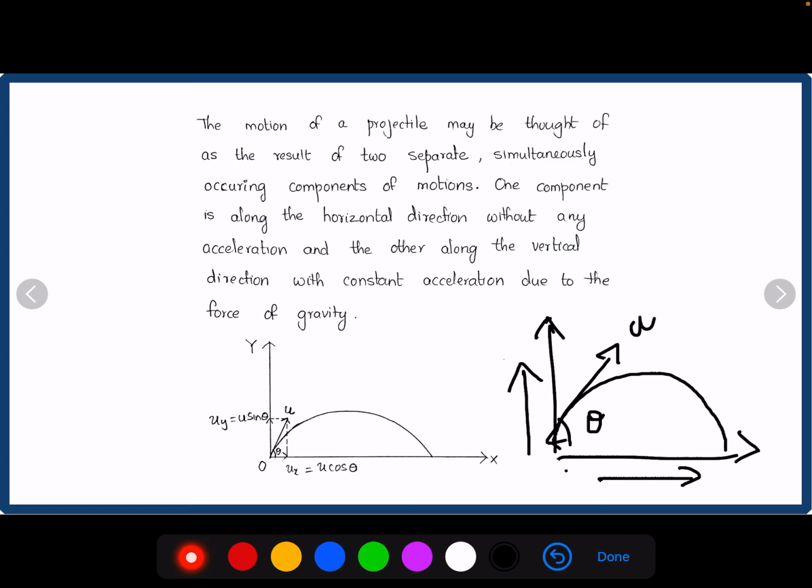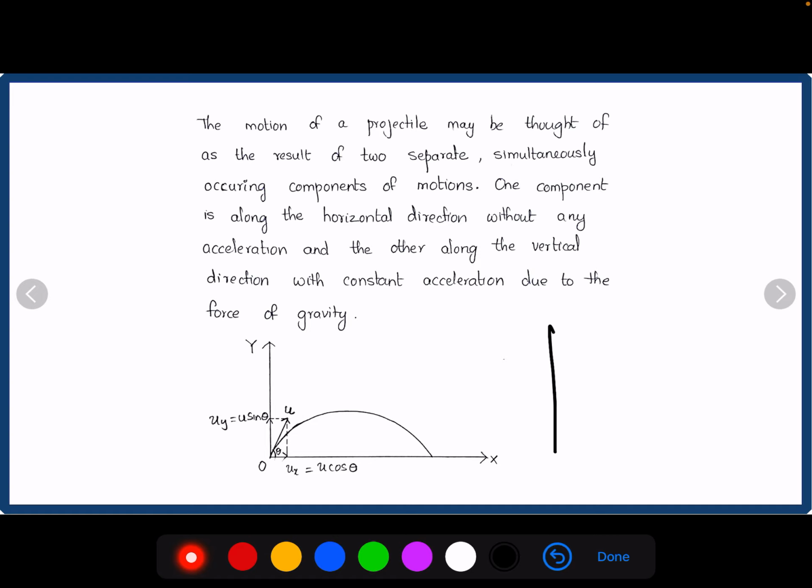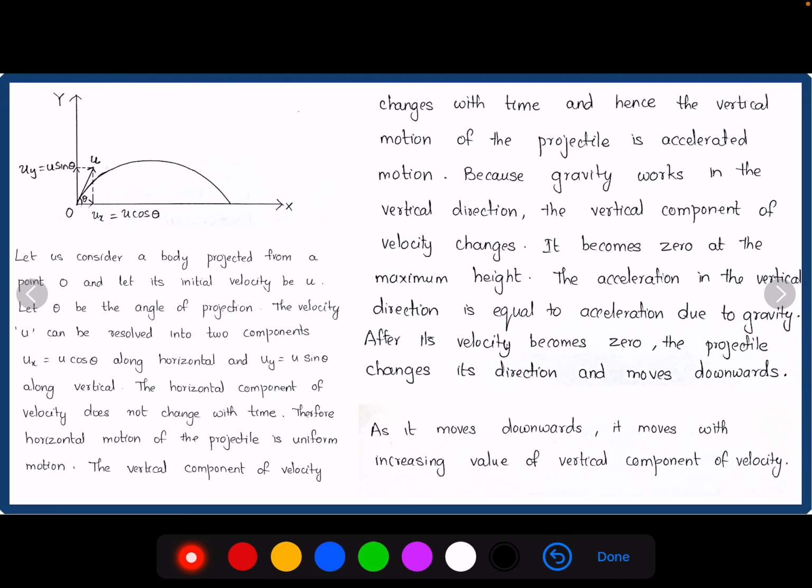In this horizontal motion, along the x-axis, it doesn't have acceleration. But in the vertical direction, along the y-axis, it has acceleration due to gravity. So now we have to study projectile motion with respect to these two types of motions, horizontal and vertical.